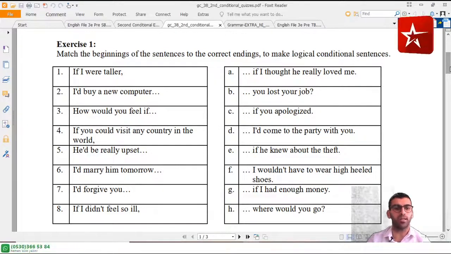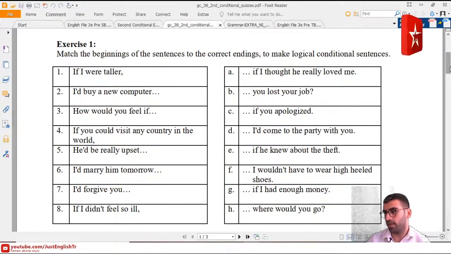We have 8 sentences here, from 1 to 8, and from A to H we have the two halves, the if clause and the main clause.